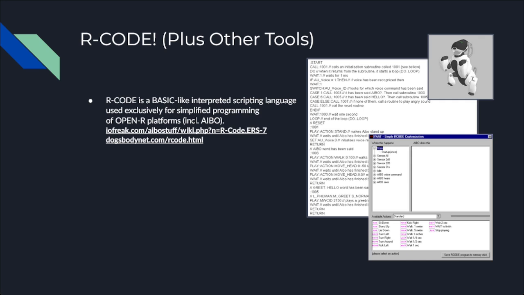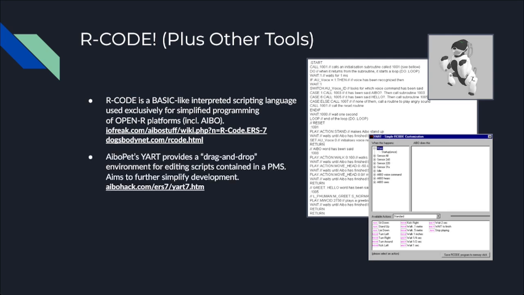And to make it even simpler, there's also YART, AIBO Pet's YART, which offers a drag and drop way to program in OpenR, and that allows for an even easier way to do it. YART itself is a little old, so you might need an older computer for it.